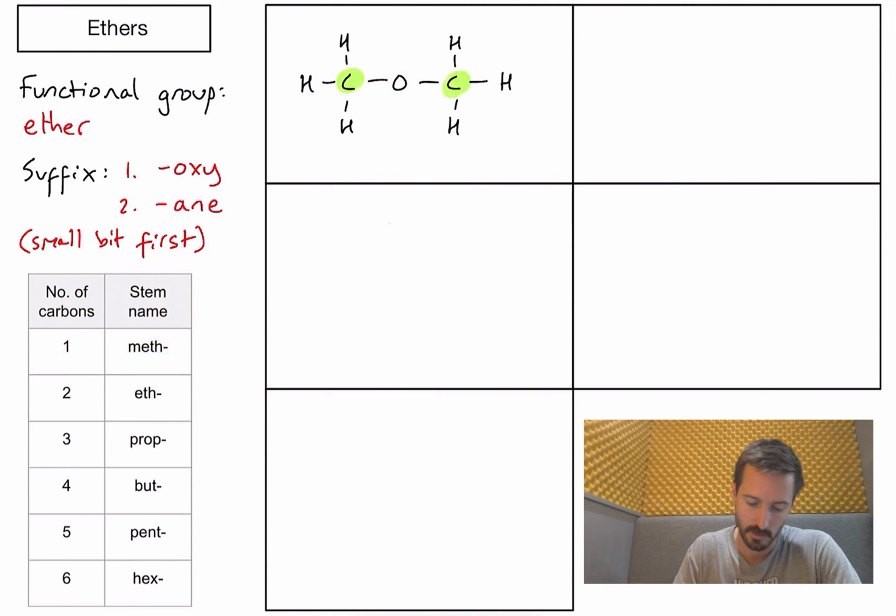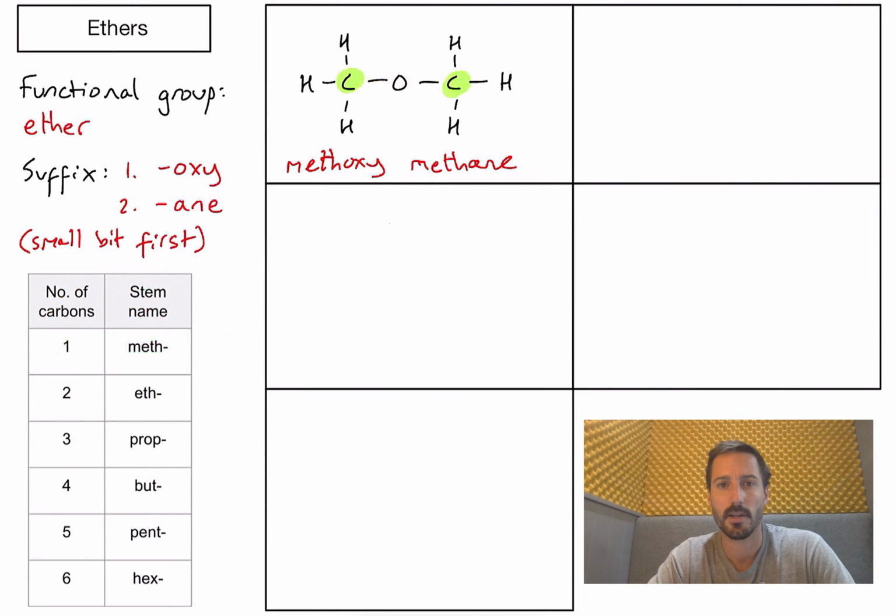So both parts of my name are going to use the stem name of meth. So we start off with methoxy and we end with methane. In this case, because there's only one carbon on each side, there's no smaller side, so it doesn't matter which way around I put it, it's going to be methoxy methane either way.